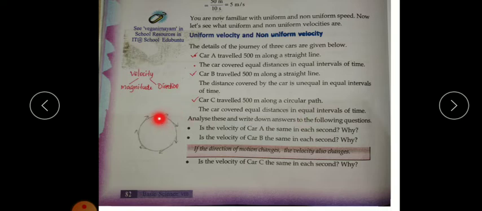While moving along the circular path, the direction of this car changes in each second. Here the direction is along like this, and here the direction is like this. So in circular motion, the direction of the car changes. That is why the velocity also changes. So the velocity of car C is not the same in each second.